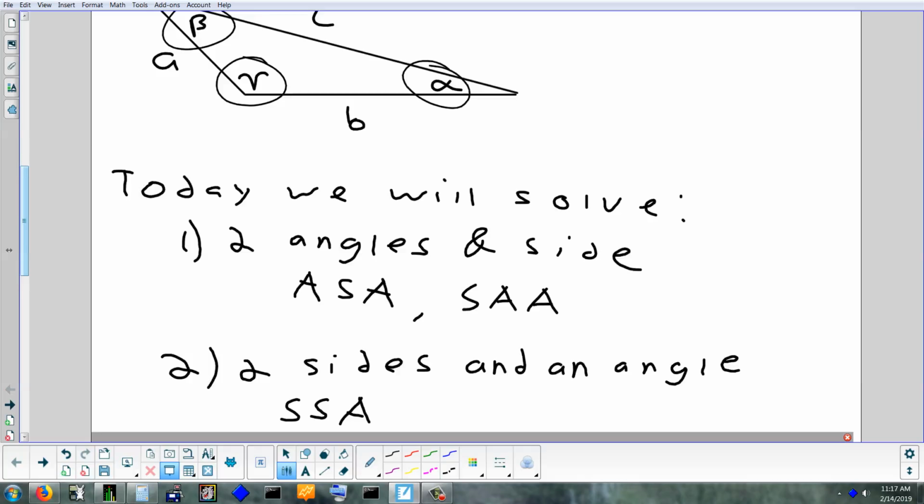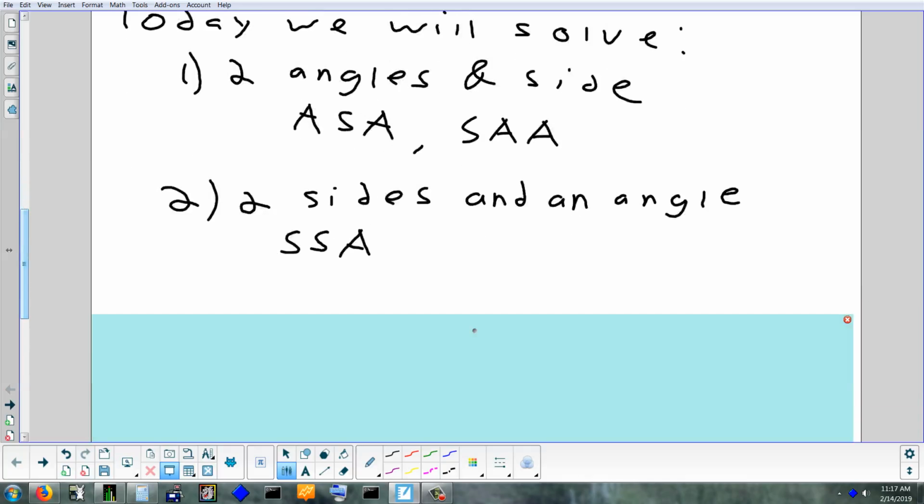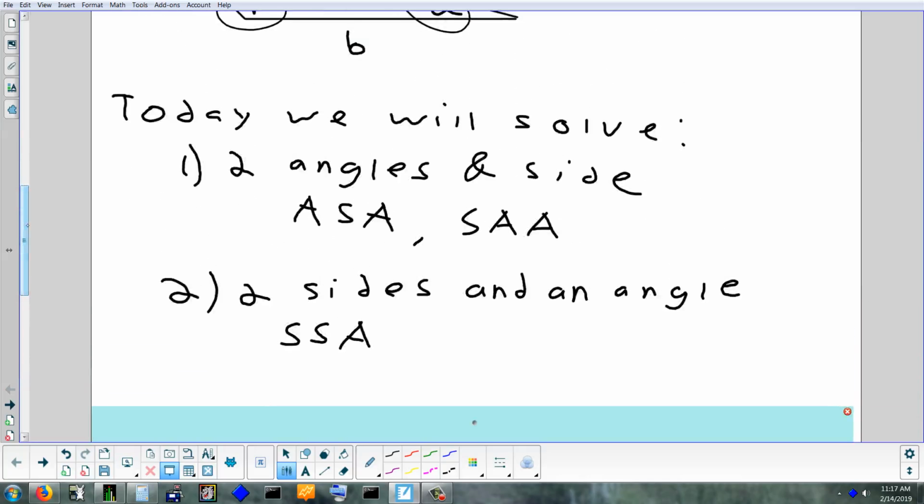This law, okay, the law of sines, is used for 3 different types of problems. If you are solving a problem where you have to figure out 2 angles and a side, that's a law of sines problem. And even within 2 angles and a side, there's 2 ways you can do it.